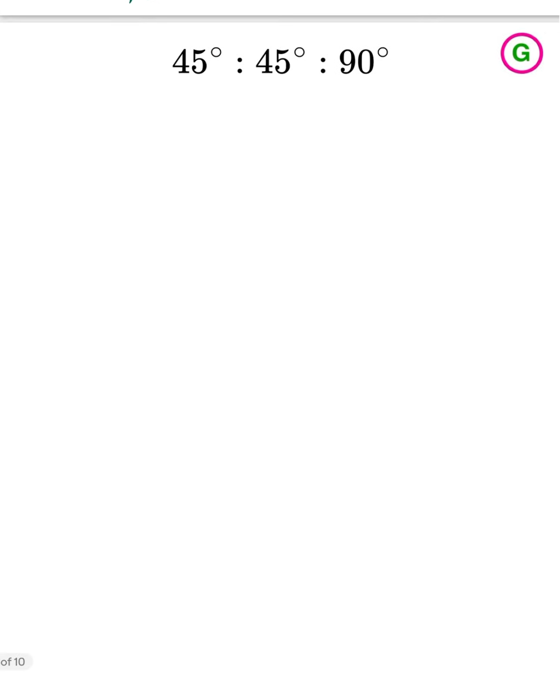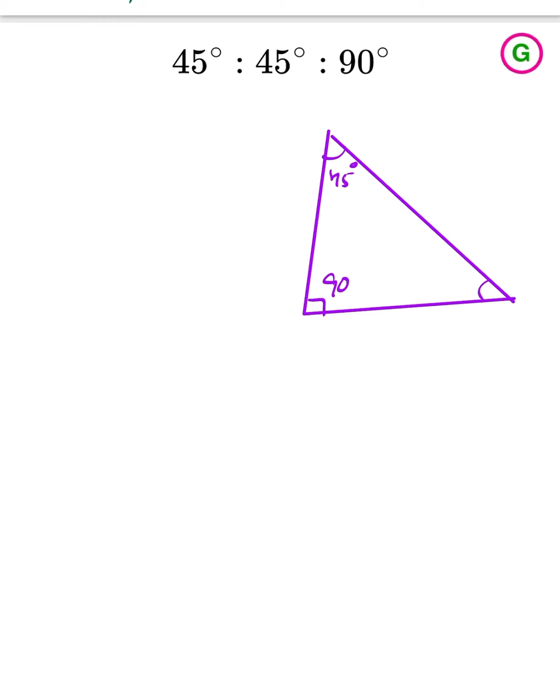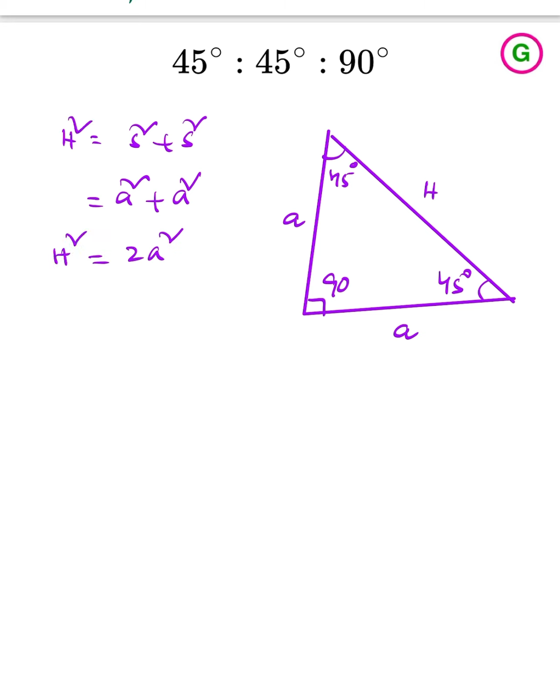Okay, then come to the right angle triangle. One angle should be 90 degrees, and the other two are 45 degrees and 45 degrees. The side opposite 45 you can take as a, and this is also side a. Now find the hypotenuse: hypotenuse square equals side square plus side square, that is a square plus a square, 2a square. So the hypotenuse is root 2a.